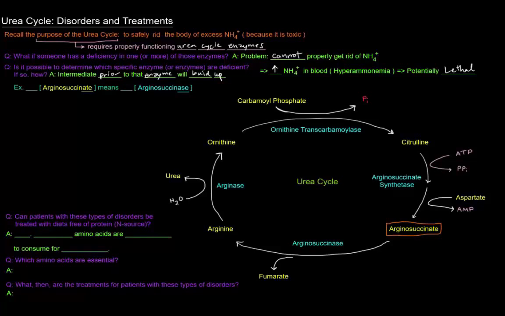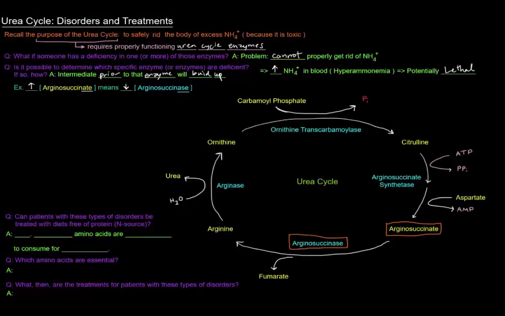So, let's say that there's a buildup of arginosuccinate, an abnormal increase in concentration. That means that there is a deficiency or a low amount of arginosuccinase. That's this enzyme, right? Because this is the enzyme that's supposed to process arginosuccinate.